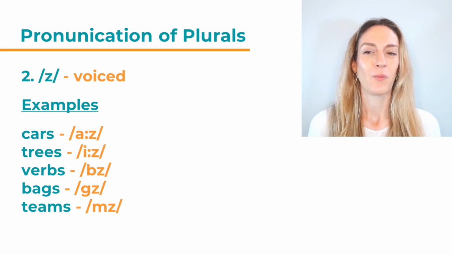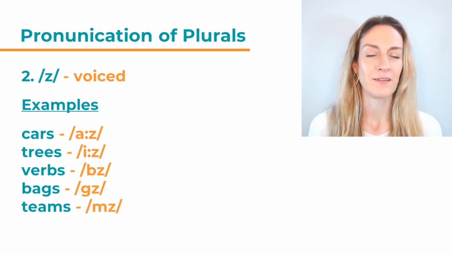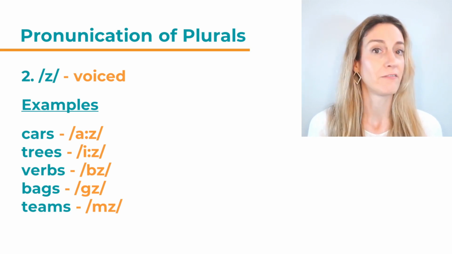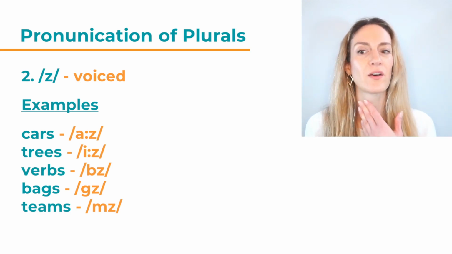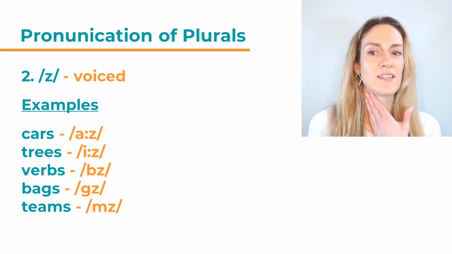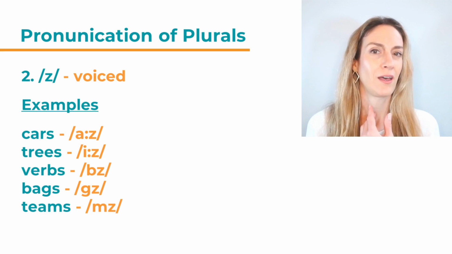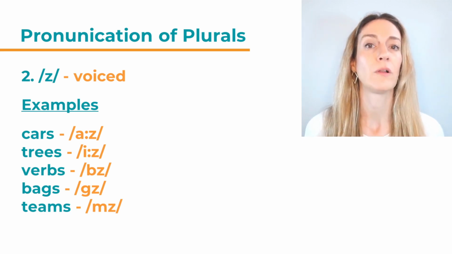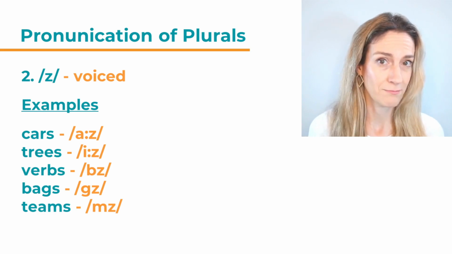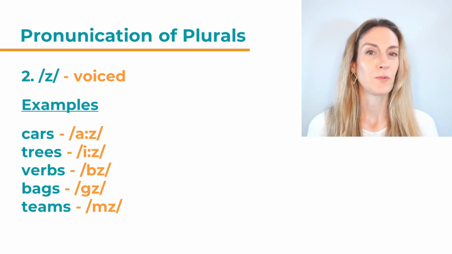So what do they all have in common? Now, some of those have a vowel and z, and then we have b, g, m, z. Now, if you say those, you can hear and feel that these are all voiced sounds. So what can we say therefore?